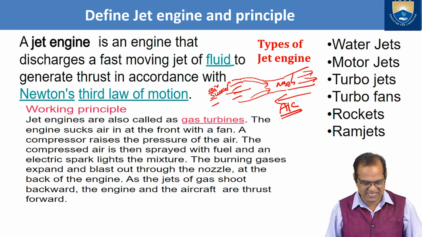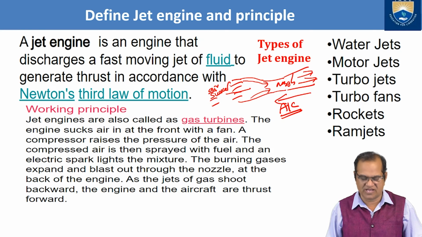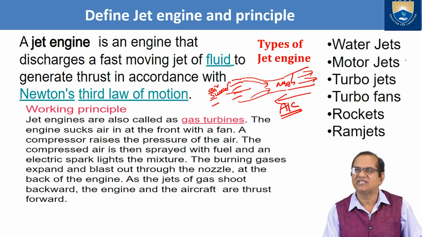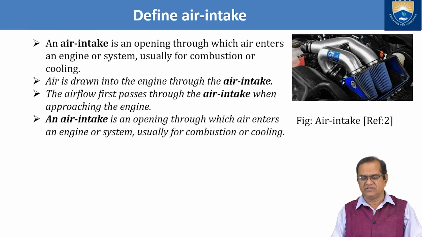The burning gases expand and blast out through the nozzle at the back of the engine. As the jet of gas shoots backward, the engine and the aircraft are thrust forward. We have water jets, motor jets, turbofans, rocket jets, and ramjets. These are a few types of jets.